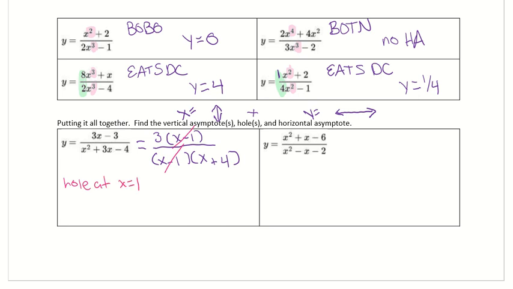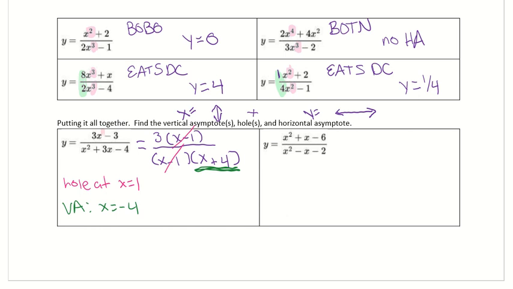Next, we're going to find our vertical asymptote by looking at our leftover denominator. So here, our leftover denominator is x plus 4, so we're going to have a vertical asymptote at x equals -4. Finally, we're going to use the degree of the numerator and the denominator to help us find the horizontal asymptote. So let's look at our degrees.